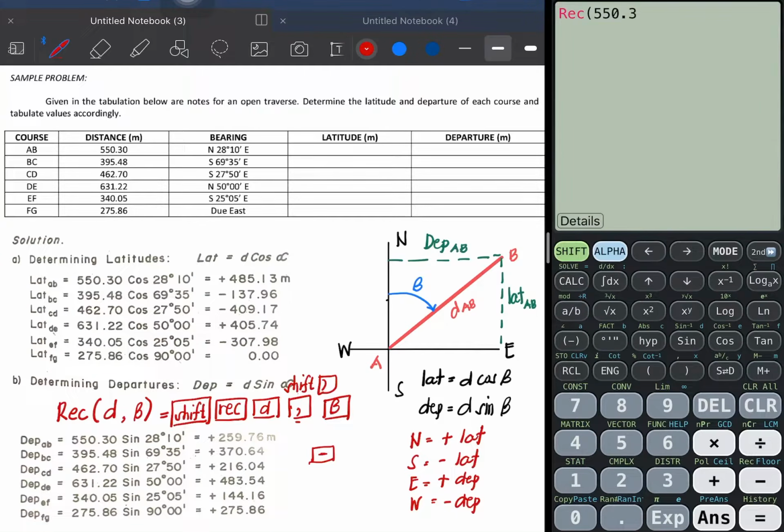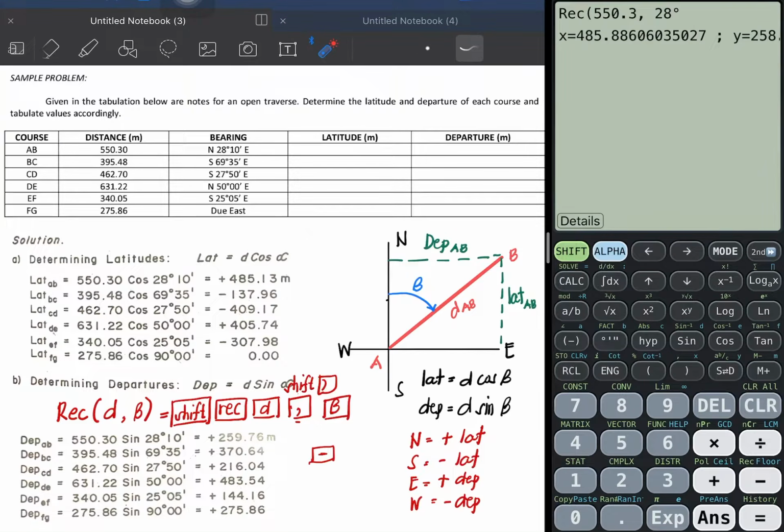So shift, Rec, then enter the distance 550.3, then comma, which is shift, close parenthesis, and then enter the angle, 28 degrees 10 minutes. You have your answer: X is 485.13, and Y is 259.